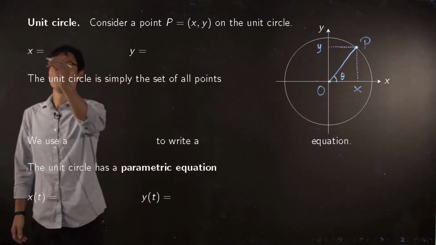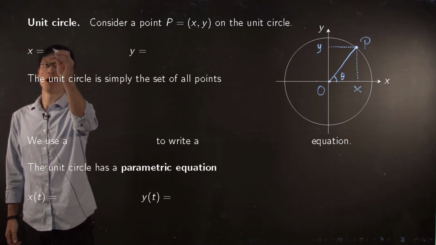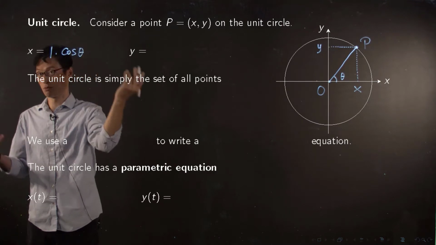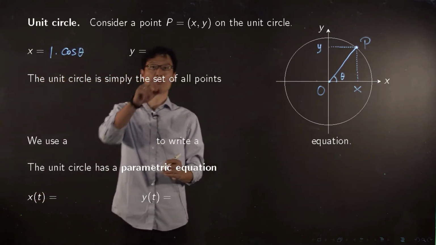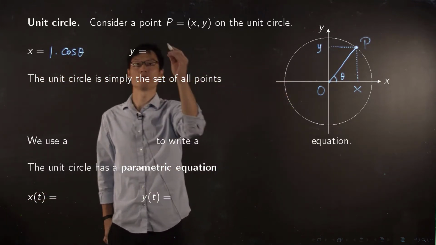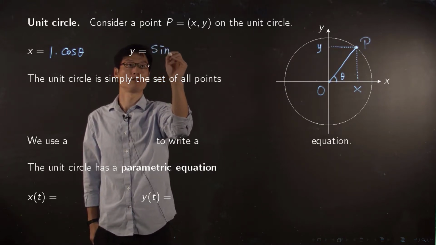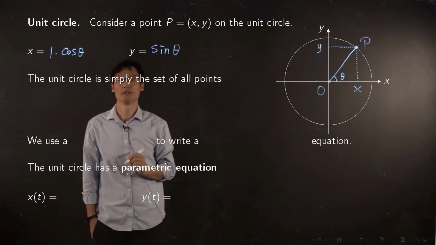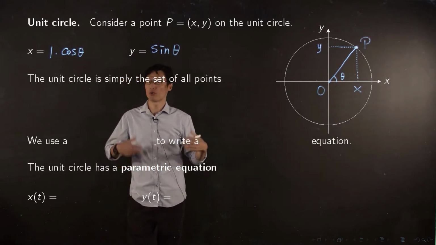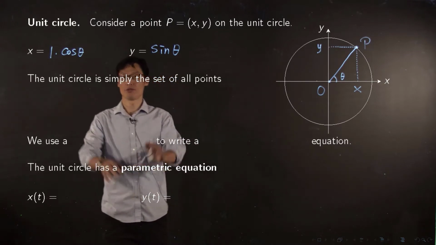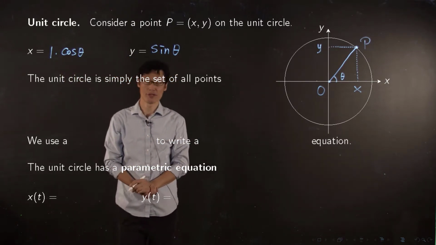So x is hypotenuse times cosine theta, or simply cosine theta, and this y coordinate is again hypotenuse times sine theta. Good. So we want to express the unit circle in terms of the parameter theta.